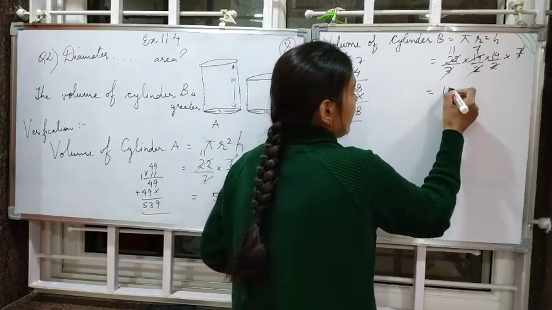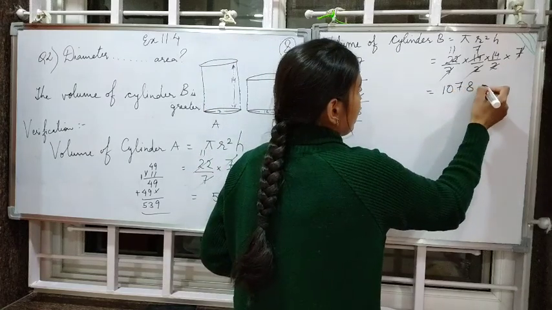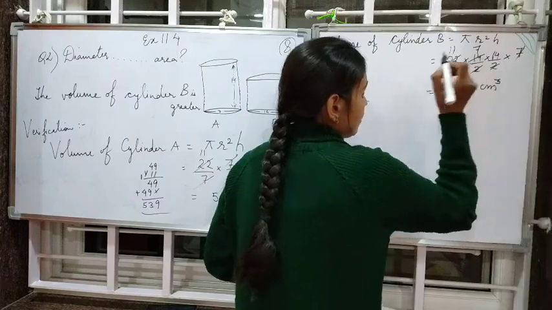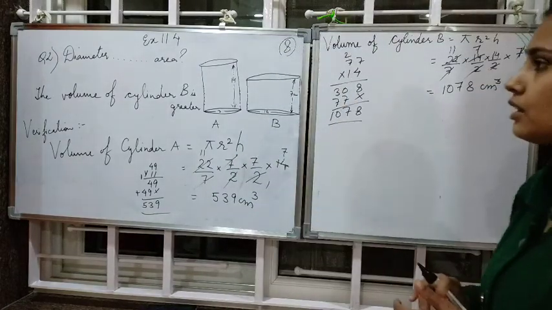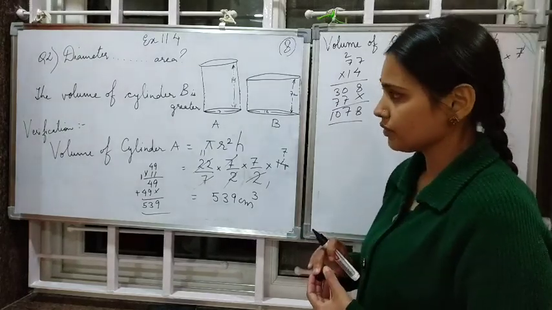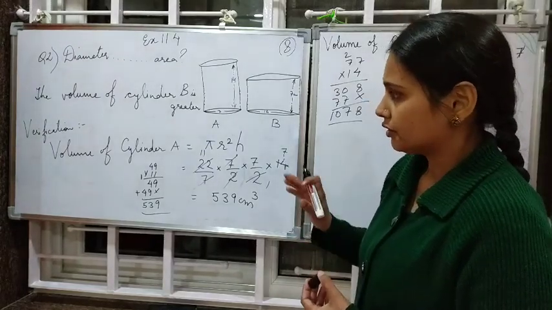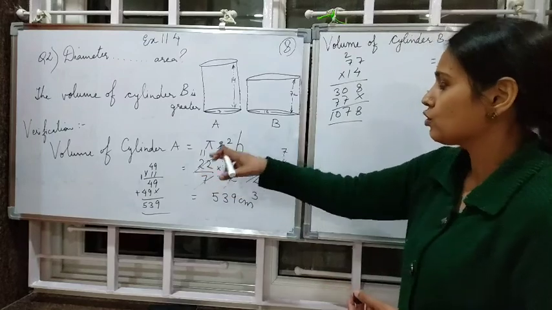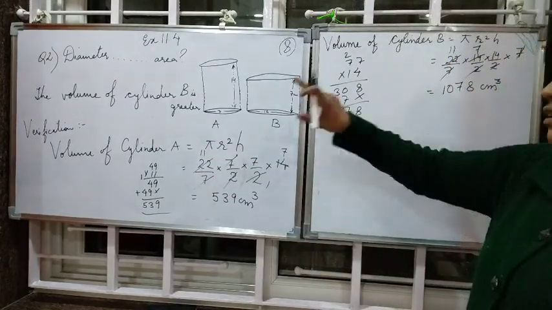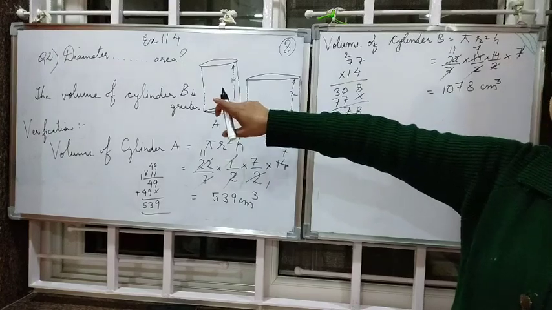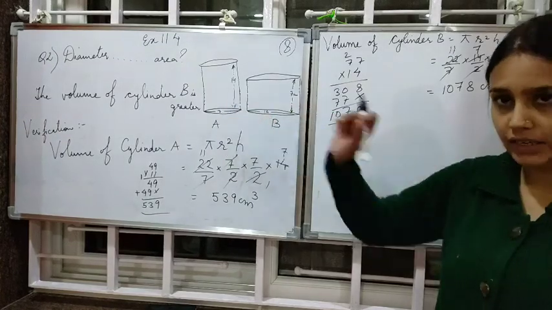So it is 1078 centimeter cube. Okay, children, this is the volume. So if you compare the two volumes, you see that the volume of cylinder B is only greater.